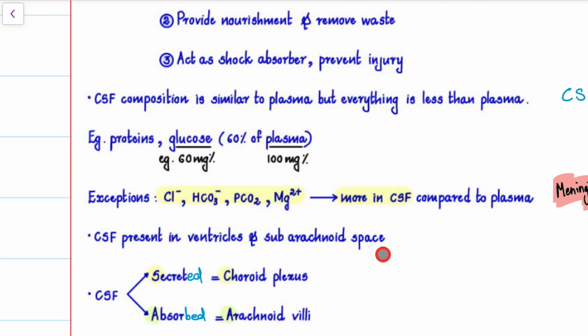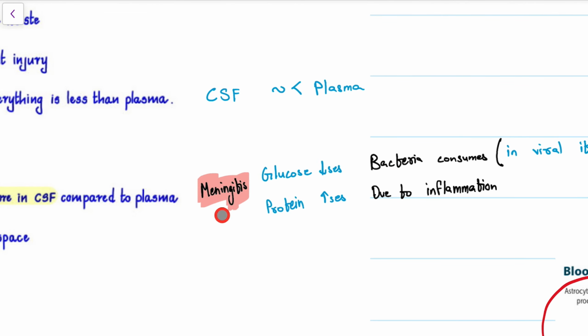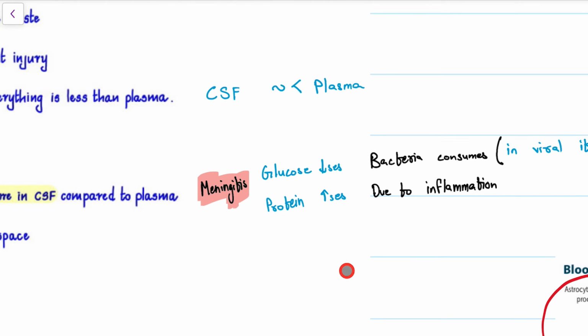Certain exceptions are there where it is more in the CSF, that is the chloride ions, bicarbonate ions, partial pressure of CO2, and magnesium ions. Okay. There is a condition called meningitis, which is caused by bacterial and viral infections. And CSF findings can help in distinguishing between a viral meningitis and a bacterial meningitis.